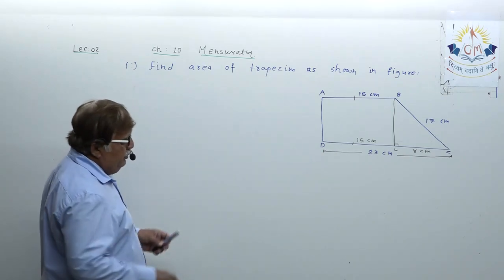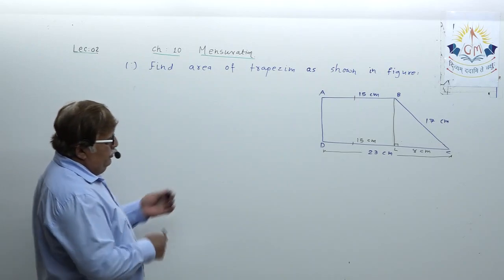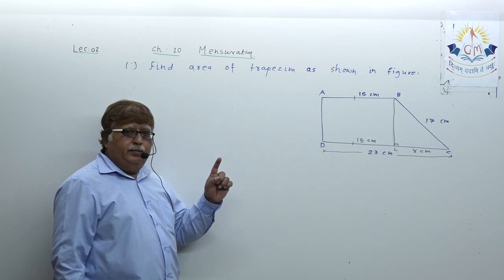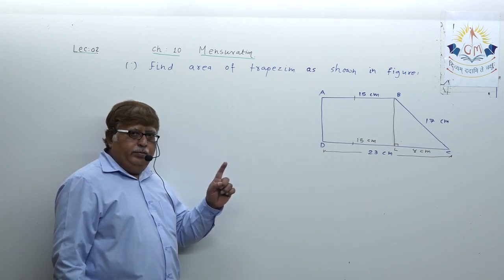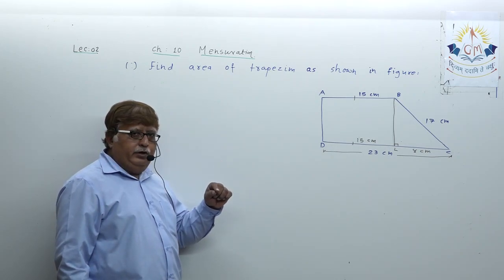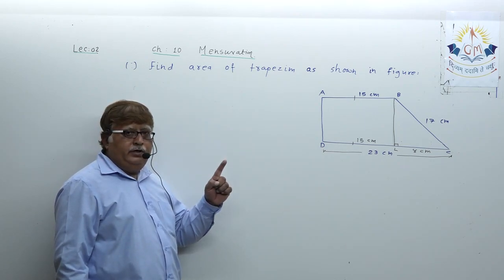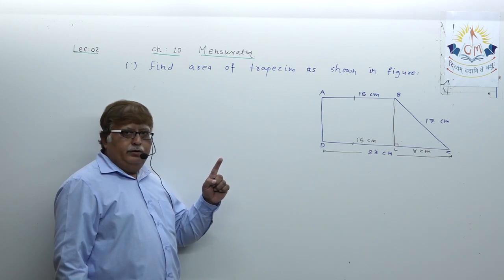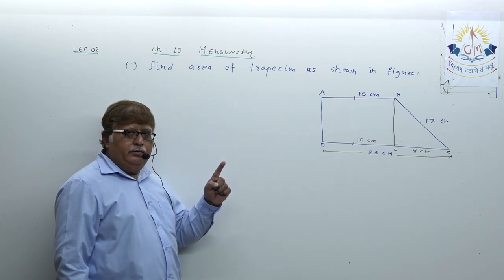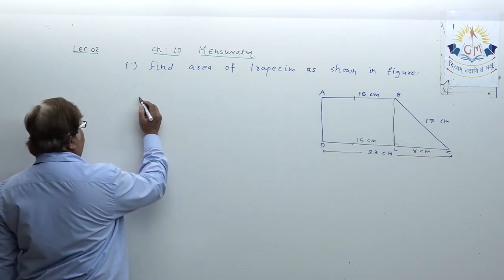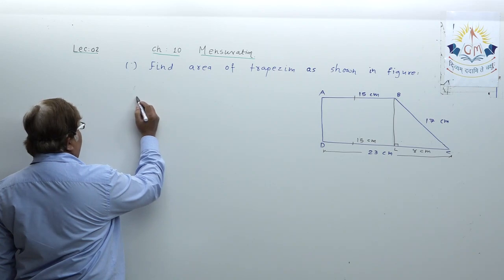Now, dear student, the first step: we will apply Pythagoras theorem. In which triangle can you mention? Triangle BLC, okay? Let me write the first step.